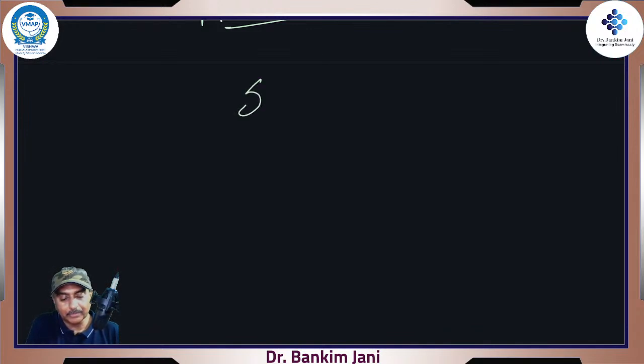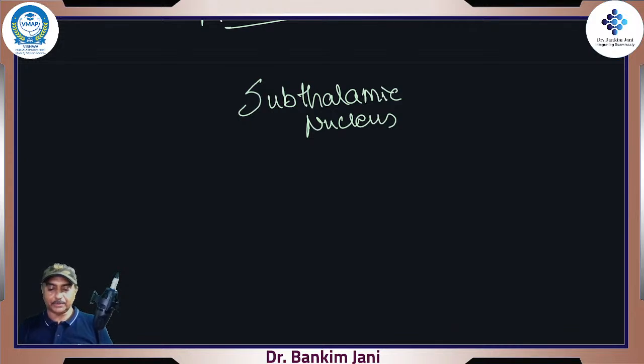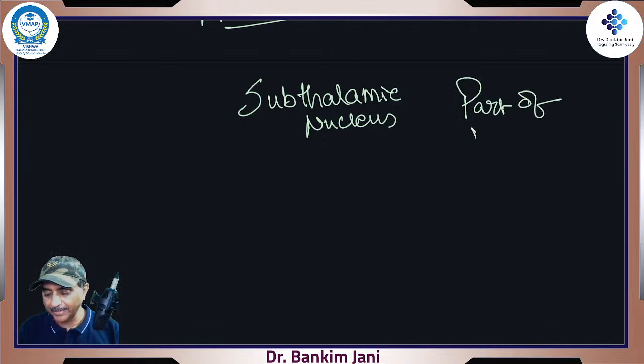One of the components which we studied in the subthalamus, and now we'll be talking more about it, is the subthalamic nucleus. When we were talking about the diencephalon, we said there is thalamus, subthalamus, epithalamus, and hypothalamus. But at that point, we never talked much about this subthalamic nucleus, because anatomically it is part of the diencephalon.